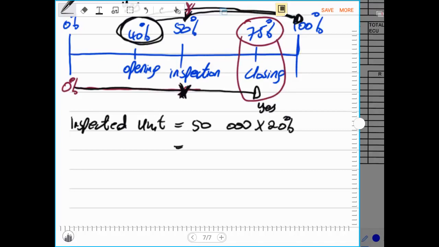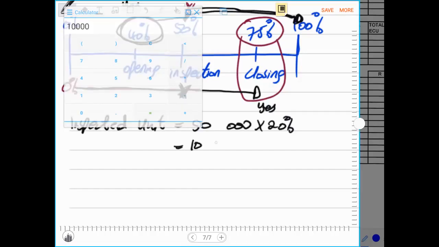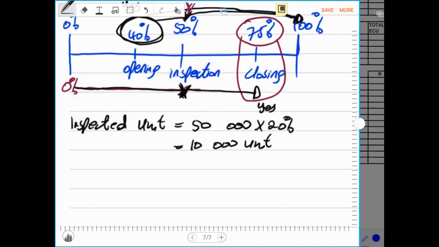So we have to say total of 50,000. We multiply this by 20%. It gives us 10,000. It gave us 10,000 units. That will be our normal loss.